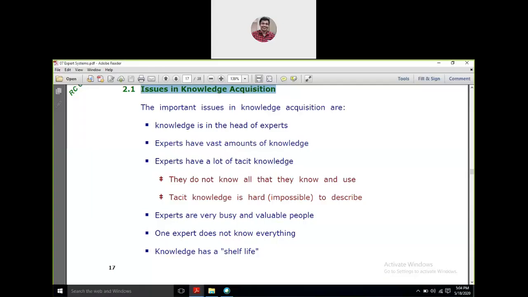While I'm extracting the knowledge from that particular expert, I need to understand that all that knowledge is in the head of the expert, right? And the expert has a vast amount of knowledge. Now, the moment we talk about the vastness of the knowledge, we are talking about the diversity of the knowledge also, and we will be dealing only with the segment of knowledge that is most important to us.